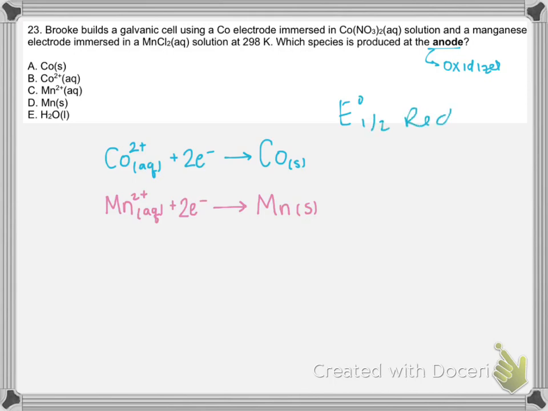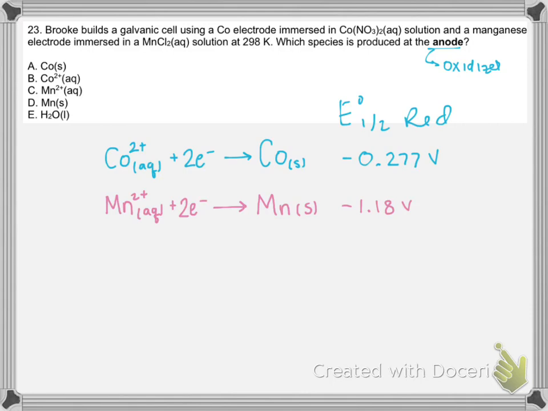And we can see whichever one is more positive is going to be the one that's reduced. So the reduction potential for cobalt ions is negative 0.277 volts, whereas the reduction potential for manganese ions is negative 1.18 volts.